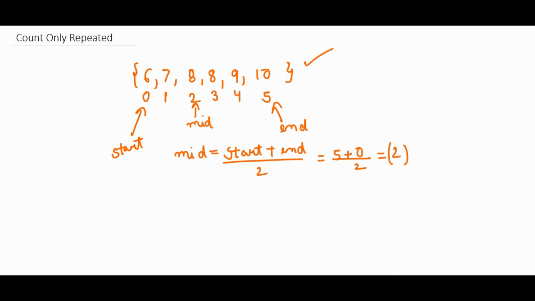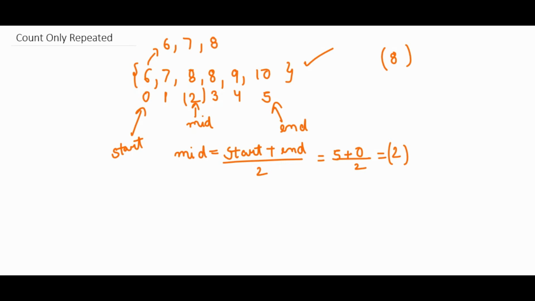So what we will do here is we will check if this element is at its correct position or not. So how we can check if it is correct position or not? As we know, the second index element, if it is sorted and every element is consecutive, should be 8 for sure, because the first element is 6, next element should be 7, and next element should be 8.